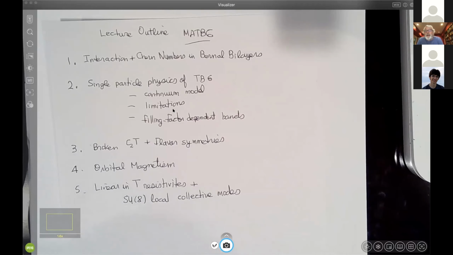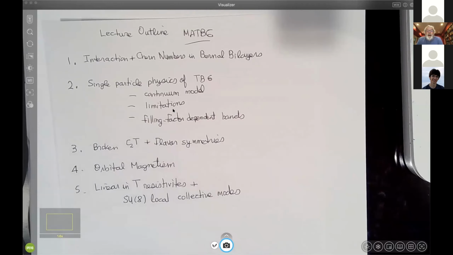So my plan for this lecture is I'm first going to make some remarks about bilayer graphene of the ordinary type, this thermodynamically stable structure of AB stack bilayers, for reference, because there is some similarity between ordinary Bernal bilayers and magic angle systems.